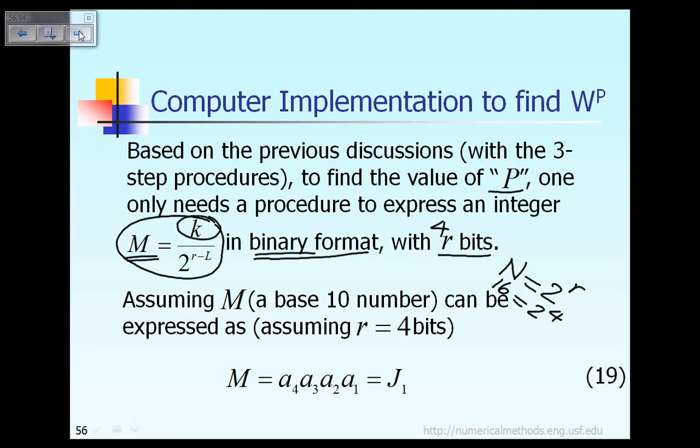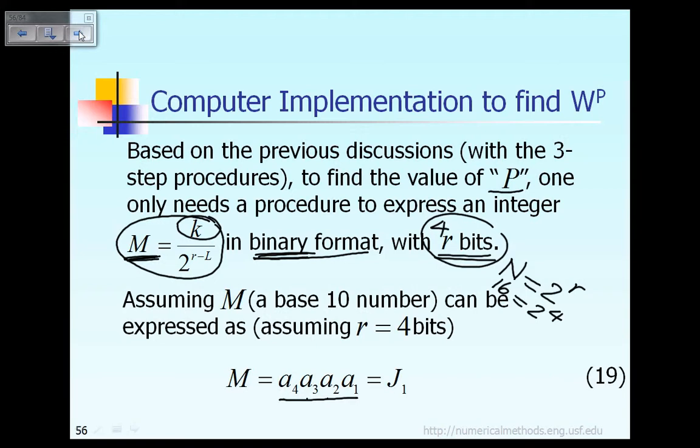Like in this case, we have to express the value of M in binary form using 4 bits. Let's say I will represent it this way: A4, A3, A2, A1. So you see, we have to use 4 bits, which means you have to represent it by 4 binary numbers.